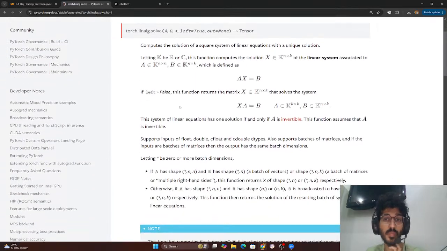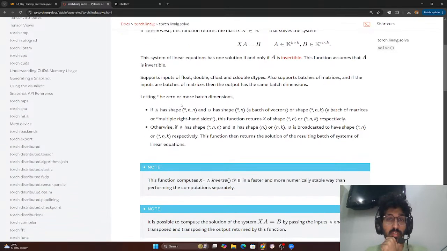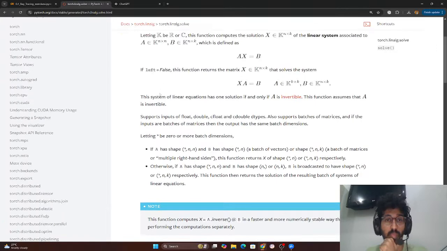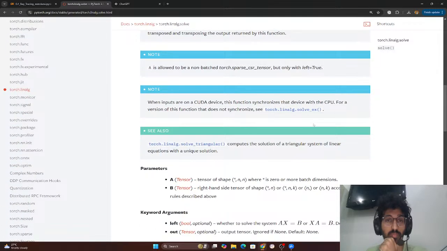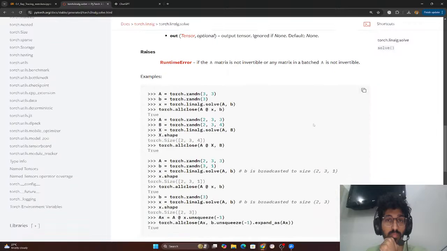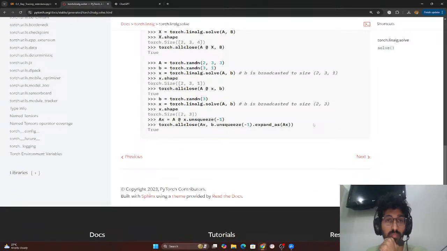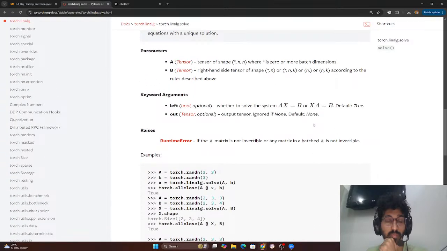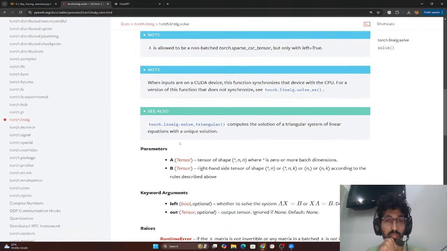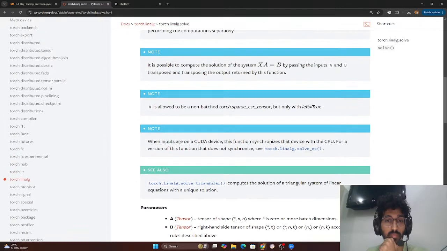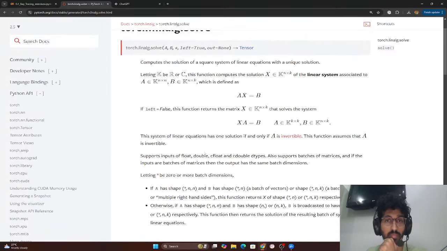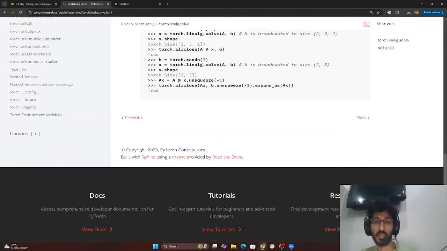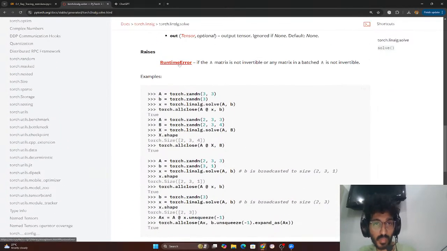Let's open the docs. So I guess it raises a runtime error.